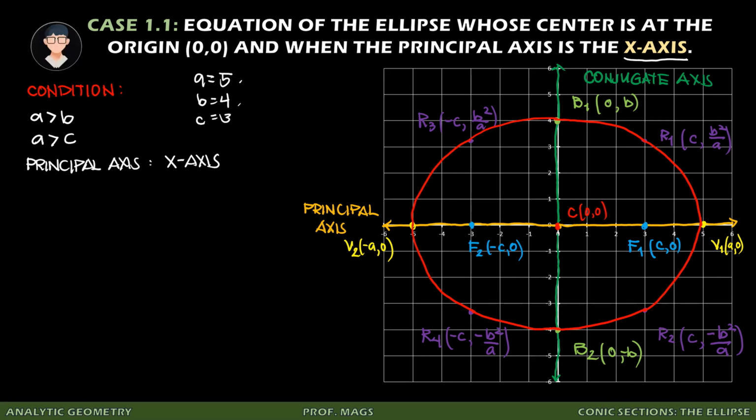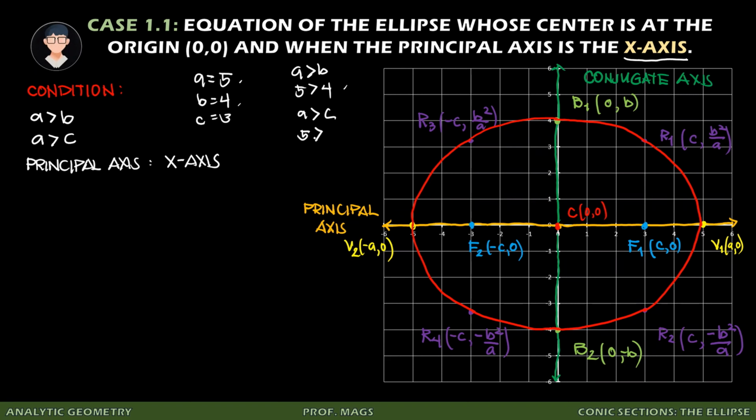If we substitute this, a is greater than b, so 5 is greater than 4. So it satisfies that if 5 is greater than 4, therefore our principal axis is the x-axis. The same goes for a is greater than c.